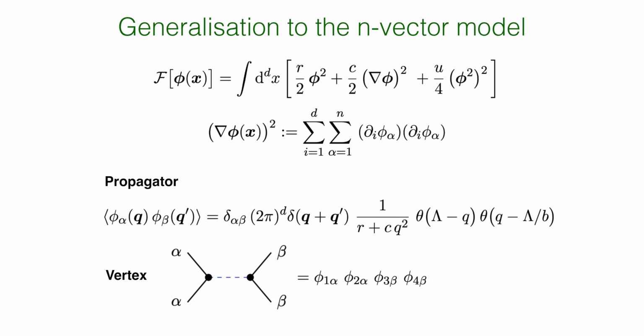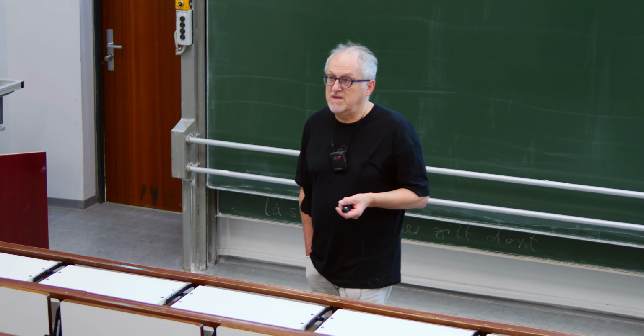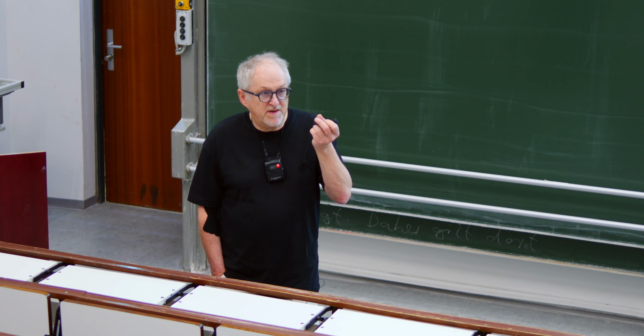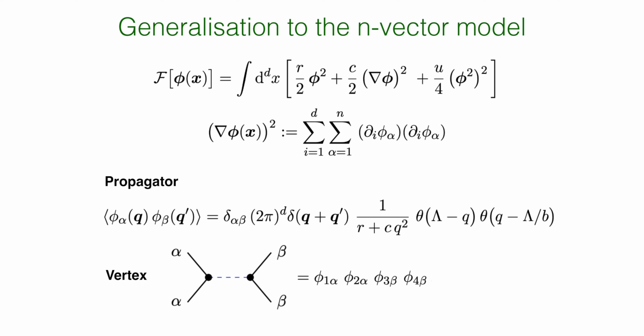And you see the construction is such that I contract the indices i for space, and I contract the indices alpha for the vector components of the spin. And that means I have rotational invariance in space. That's why I'm contracting the indices i in space. And I have rotational invariance in the spin space, or in the vector space of my vector field theory. Okay, that's why you have this particular construction, because it obeys all the essential symmetries.